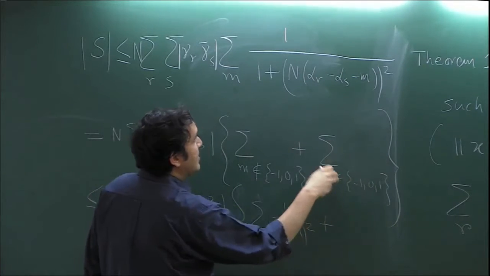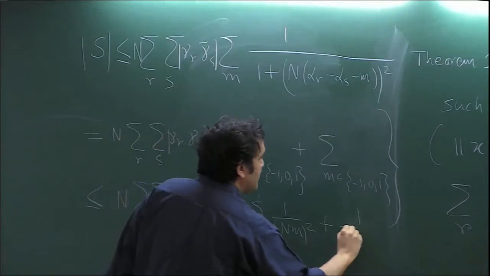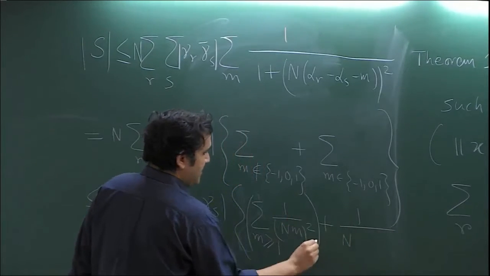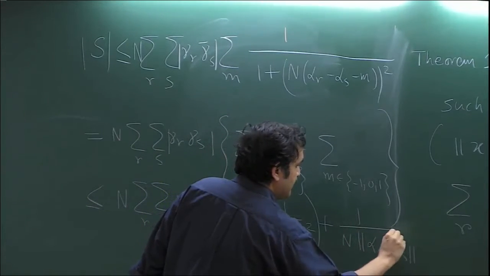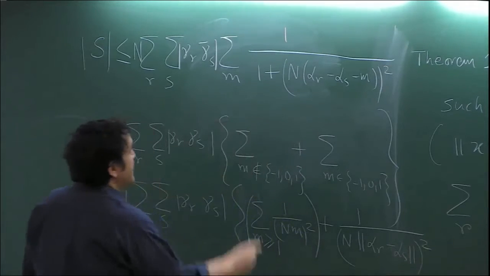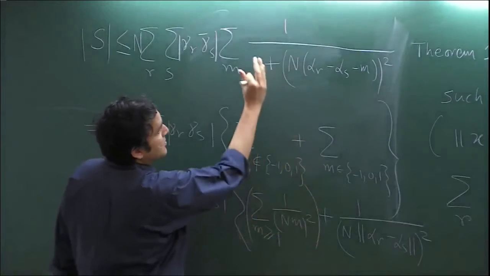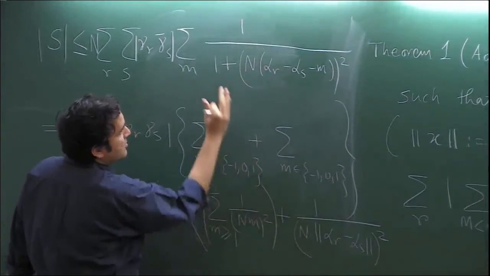And for this thing, I will bound this by norm of alpha r minus alpha s, so 1 upon, so this is here, and then alpha r minus alpha s square. I can ignore this one because I'm getting an upper bound, so if I decrease the denominator, I'll get an upper bound, so I'm dropping this one.